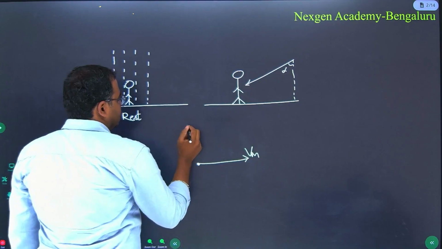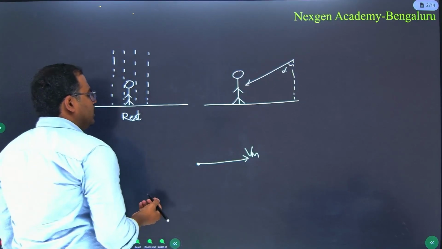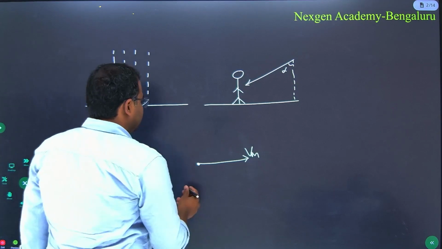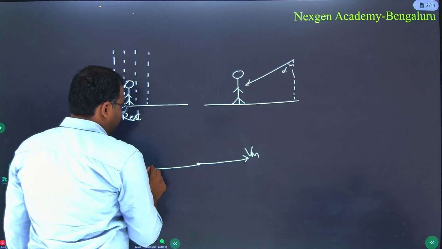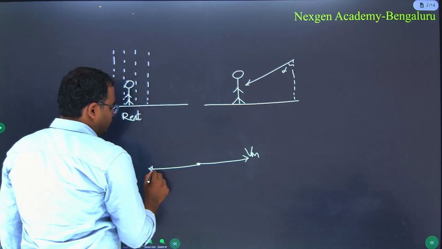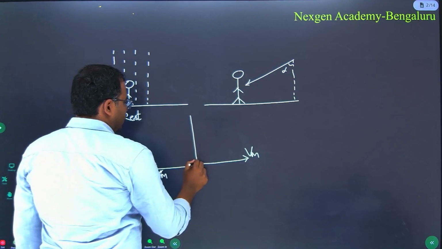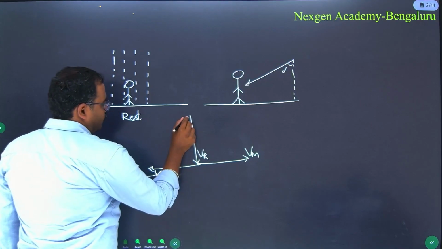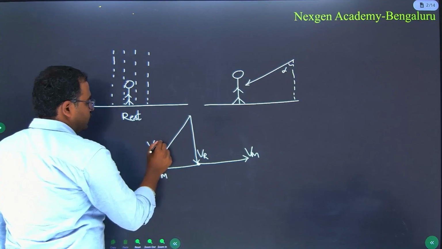So imagine this rain is appearing to him vertical, or at some angle. Here it is minus of Vm, and here it is the velocity of the rain actually, and this rain is appearing to the man in this way, the velocity of the rain with respect to man.